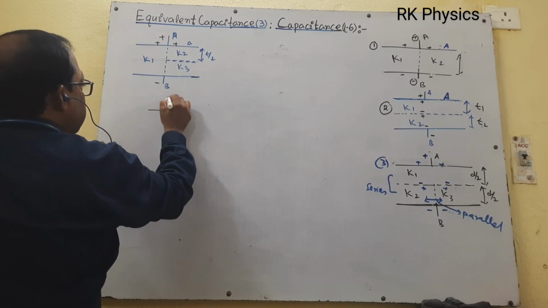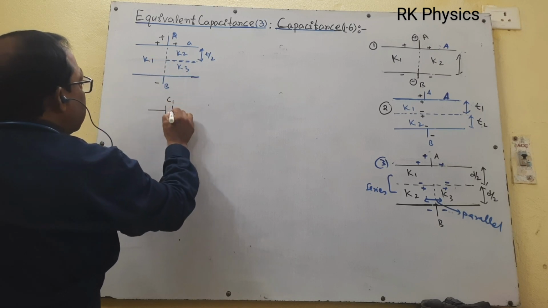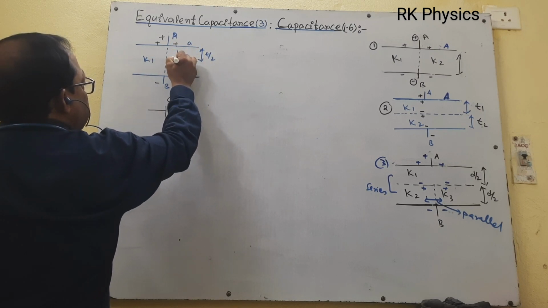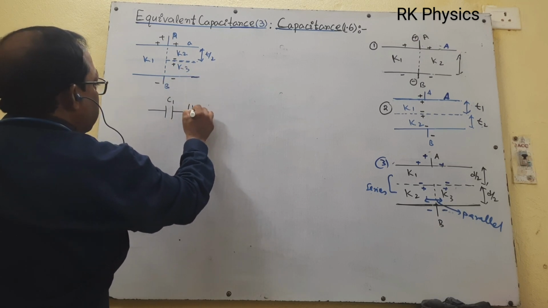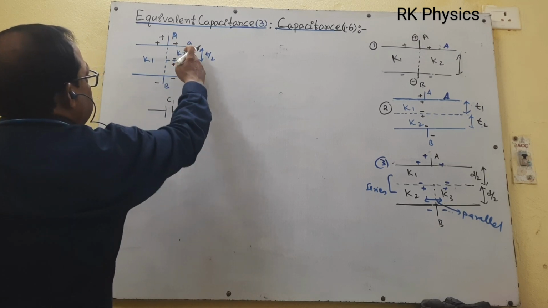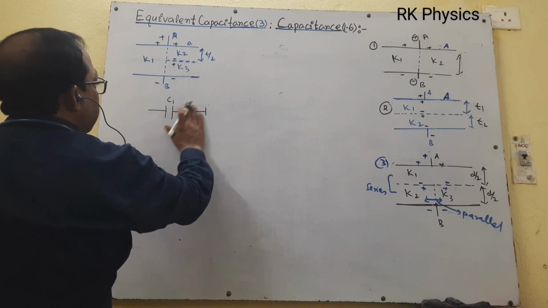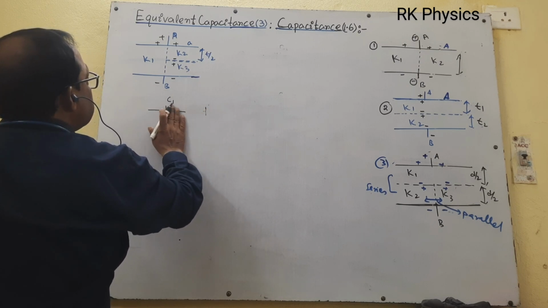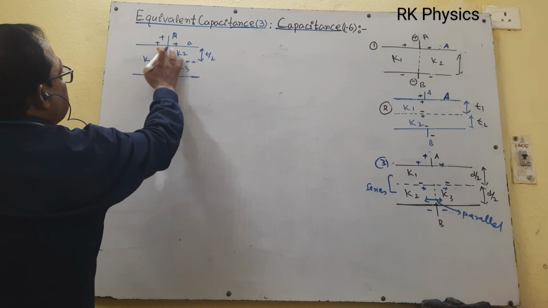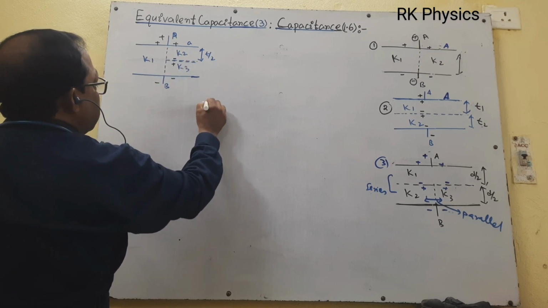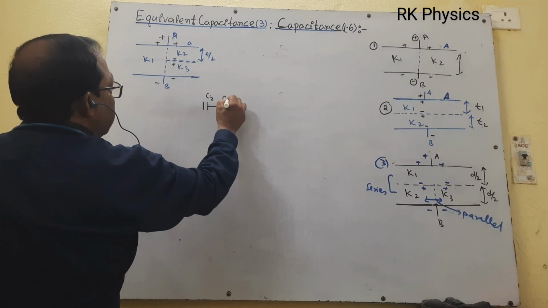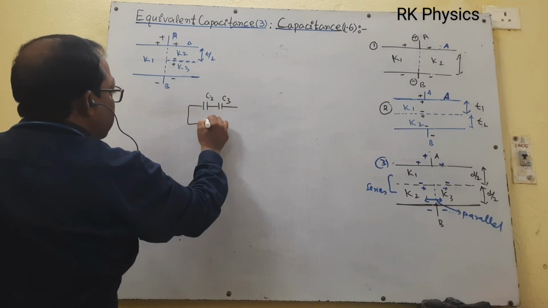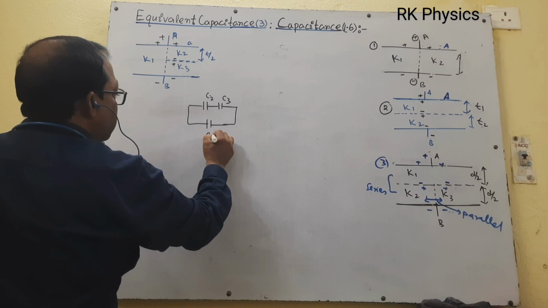Therefore, this is the first capacitor K1, then this is plus, this is minus, this is plus, this is minus. So these two capacitors K2 and K3 are in parallel, and this is connected to C1.